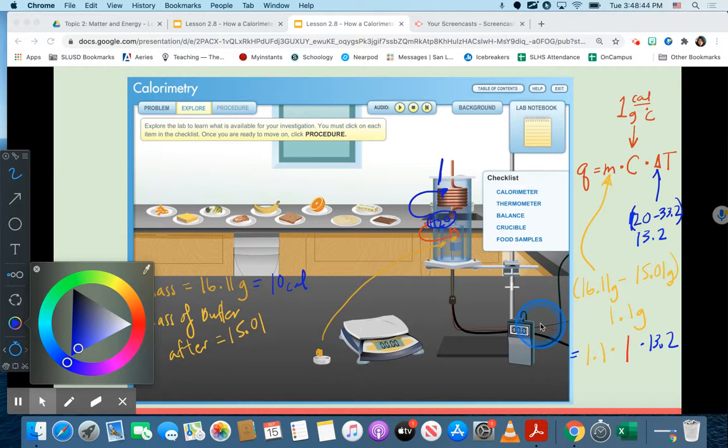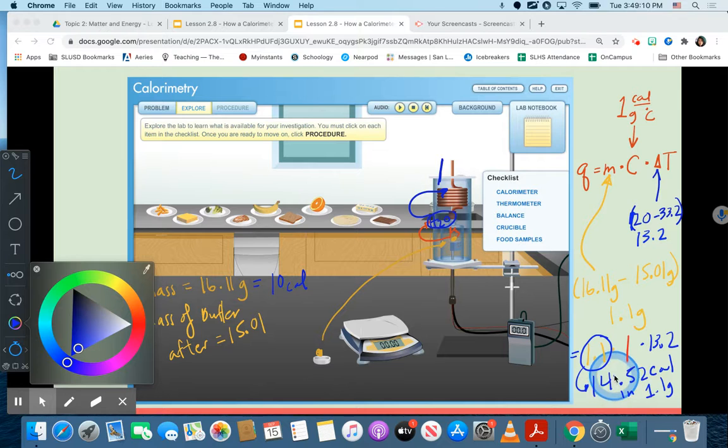I'm going to do that on my calculator right now. 1.1 times 1 times 13.2 is going to be 14.52. So 14.52 calories in 1.1 gram of butter, right? So this much butter will have this many calories.